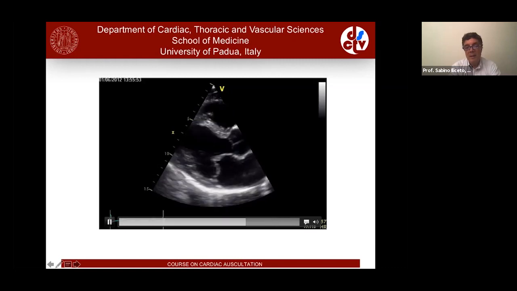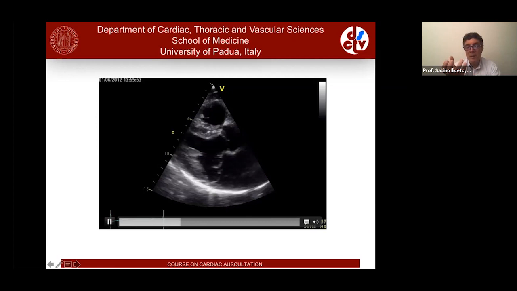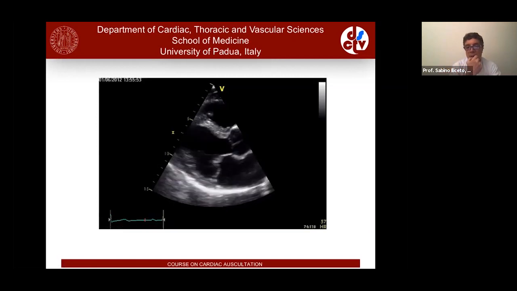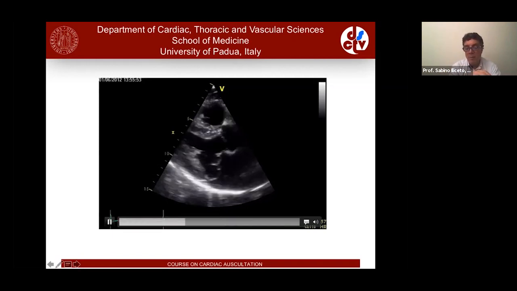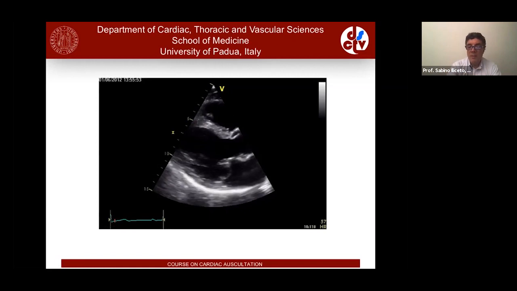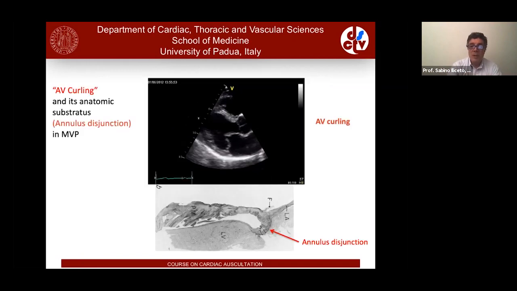Curling is the result of an abnormality of the anatomy of the mitral annulus that creates this abnormal movement, and this abnormal movement creates other problems that will produce, in severe cases, arrhythmias, sometimes lethal arrhythmias. This is what I was explaining before. This movement occurs because of this annulus disjunction.